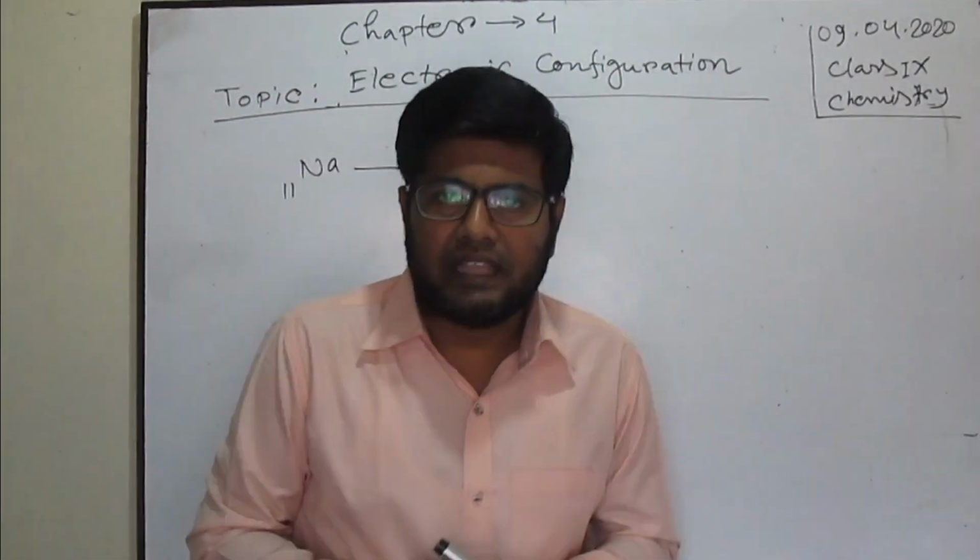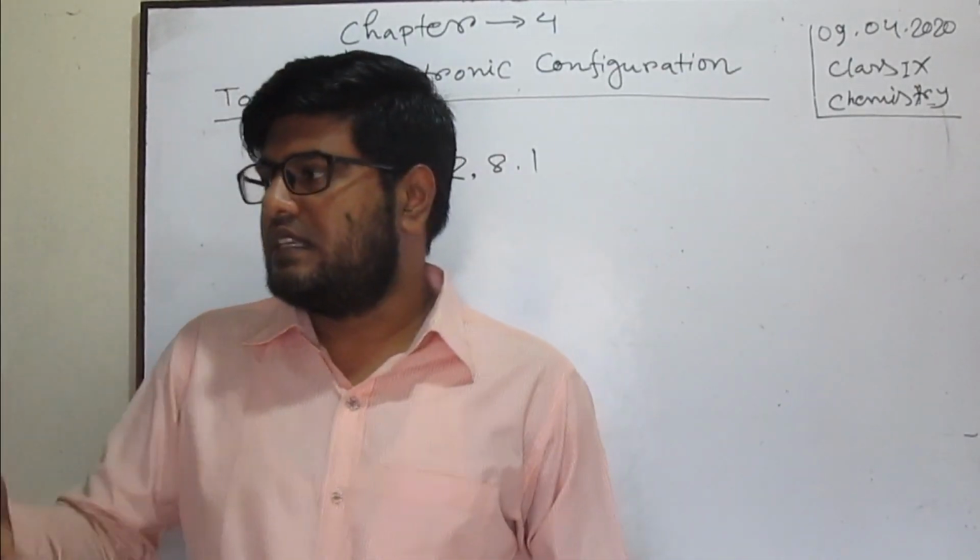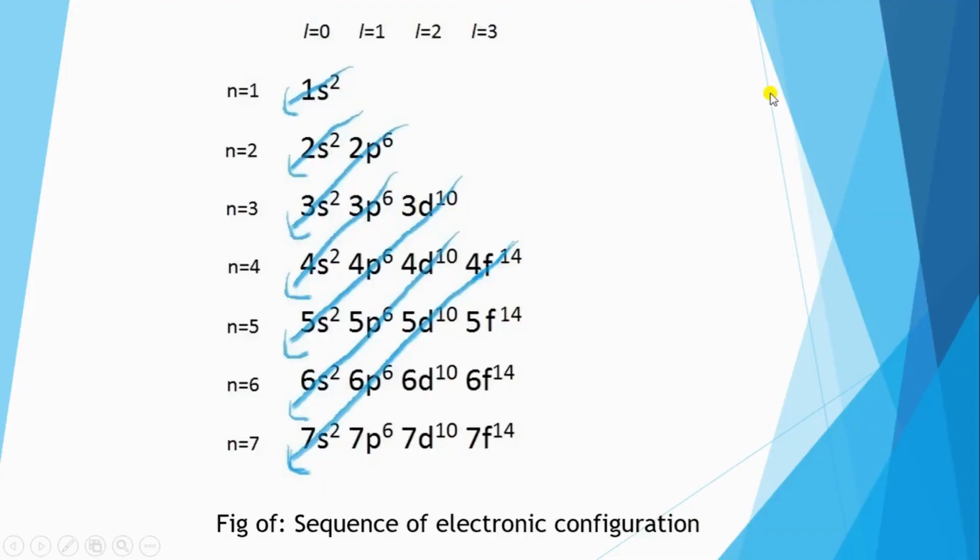But in class 9 and in the senior section, you have to learn a different way: 1s, then 2s, then 2p, then 3s, then 3p, then 4s, 3d, 4p, 5s. By this way you have to understand how we write the electronic configuration.